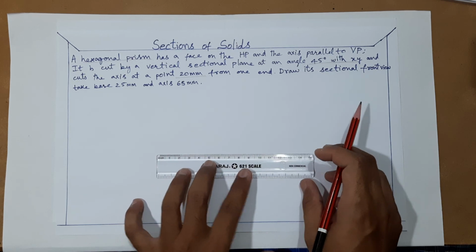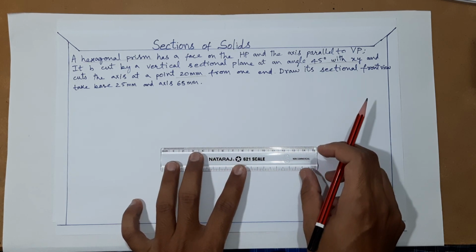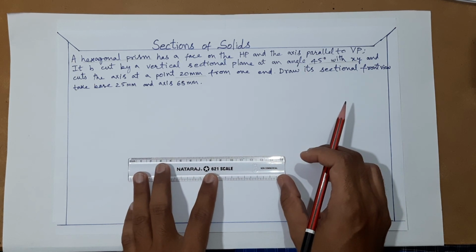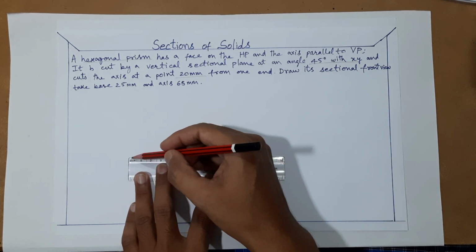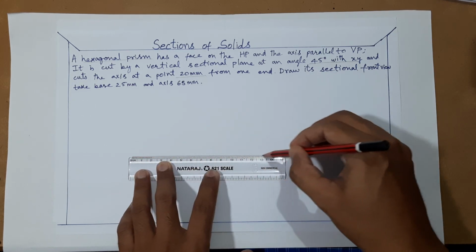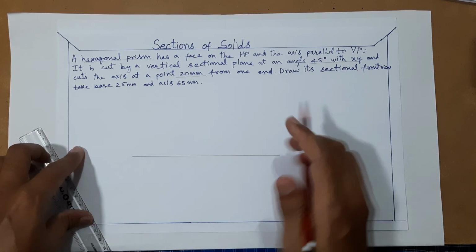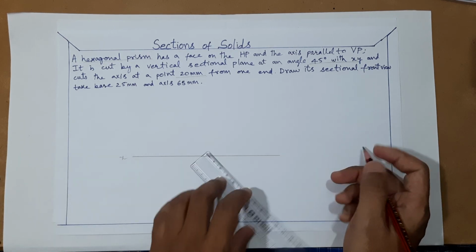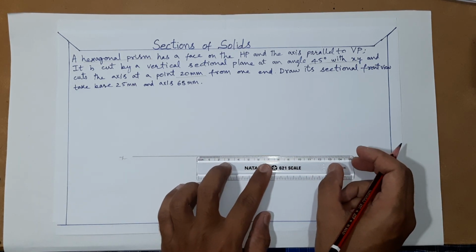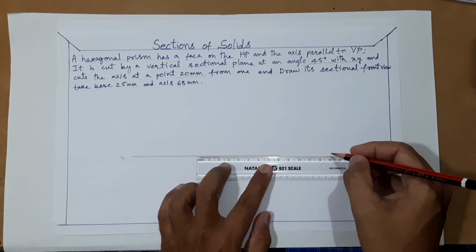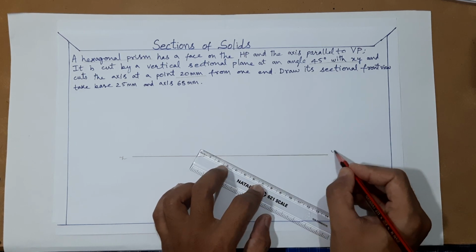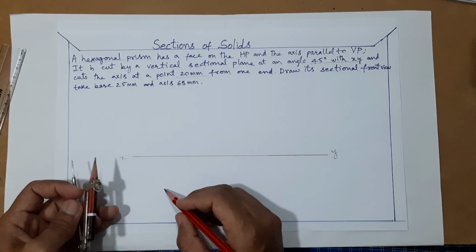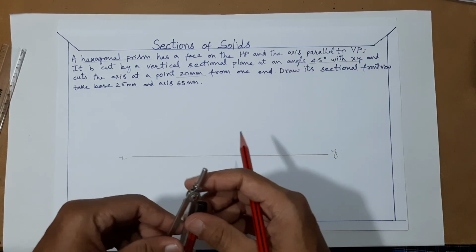Okay, so what I will do first, I will draw the XY line. Say this is your XY line, it may extend, so that I will draw Y somewhere at a distance. First we will draw the hexagon here in the top view, as I have shown you in the rough diagram.